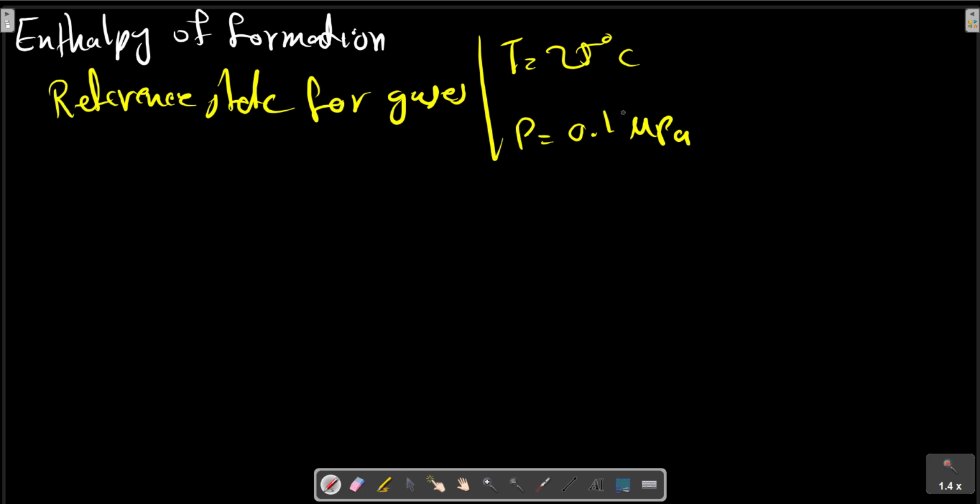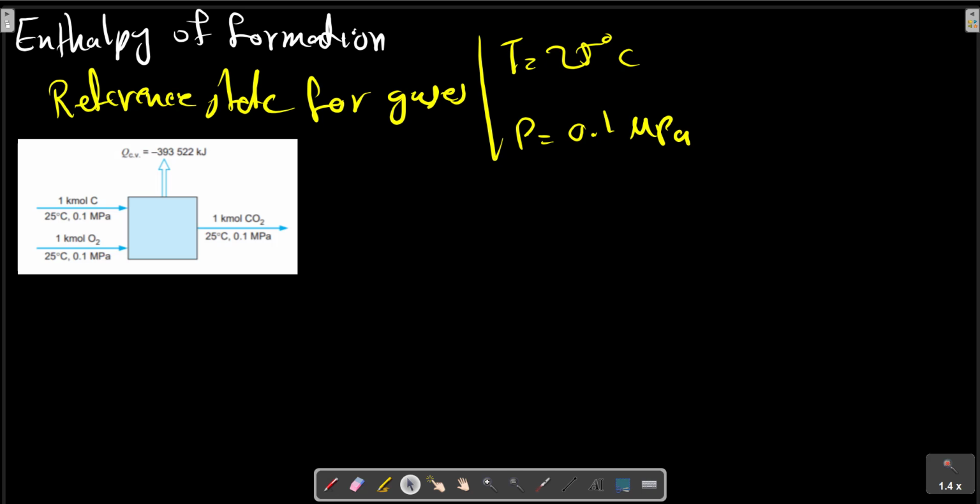Consider the simple steady state combustion process shown in the picture here. This idealized reaction involves the combustion of solid carbon with gaseous oxygen, as shown here.